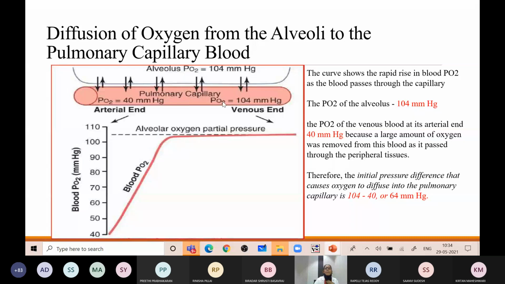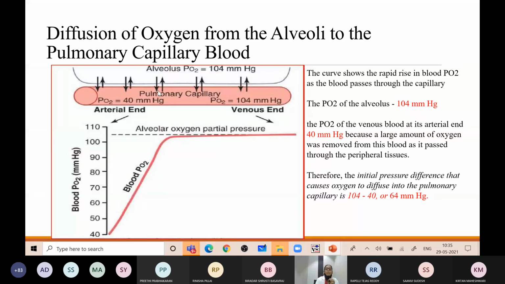And it becomes almost equal to the alveolar PO2, that is 104 mm of Hg at the venous end, but it further decreases because of the admixture of some venous blood directly, that is cardiac vein, some of the thebesian vein directly pours, and hence our arterial PO2 is around 98 to 100. It is not 104. That's what I told you, isn't it?